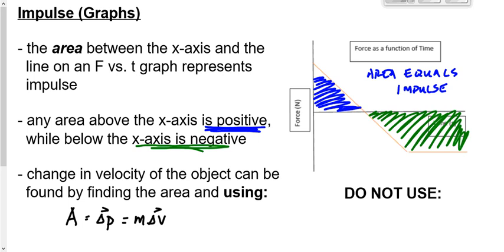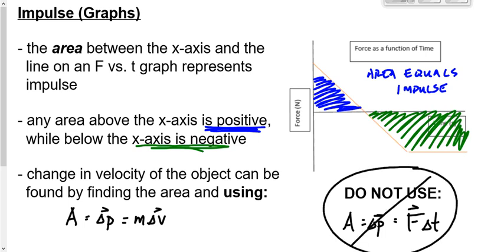Now I got a big bolded sentence over here, do not use. Do not ever use this. Don't use F times delta t. Technically it's valid, but the force that you're looking for is an average force.